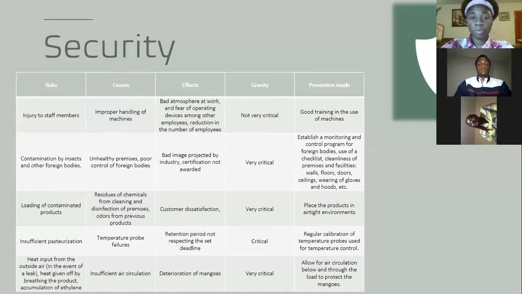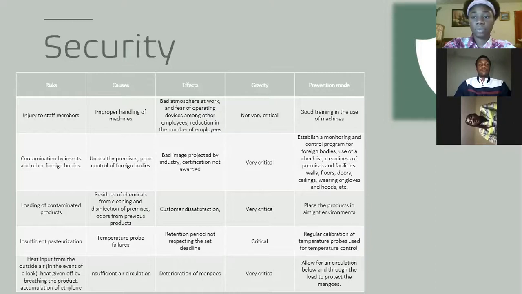Because we believe in offering the best quality product to our customers, it is essential to us at MIF SA to ensure not only the safety of our employees, but also of our customers, hence the usefulness of the FMECA tool.